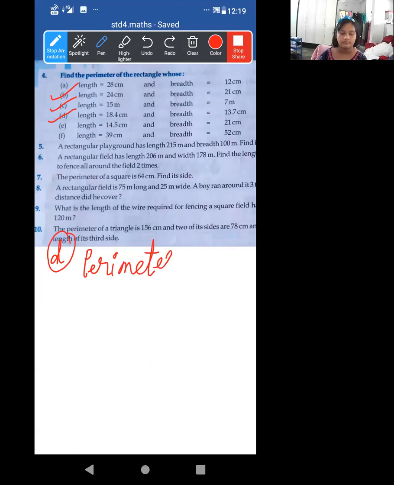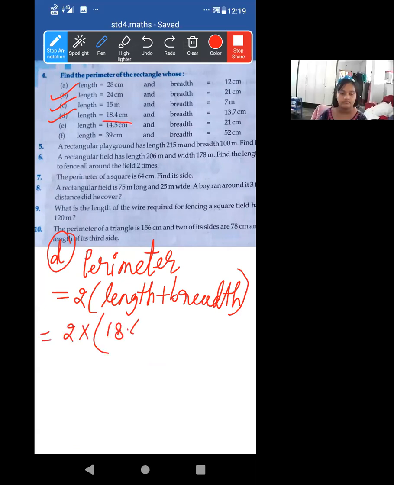Directly I am writing perimeter is equal to 2 into length plus breadth. Keep your camera on. So 13.4 plus breadth means 13.7.